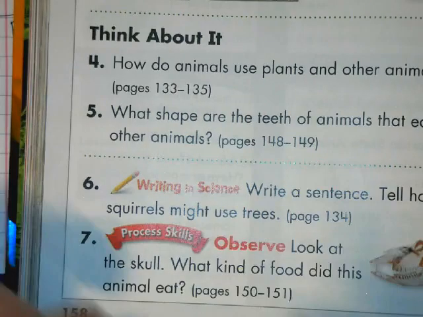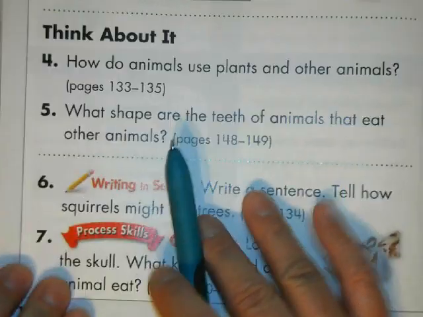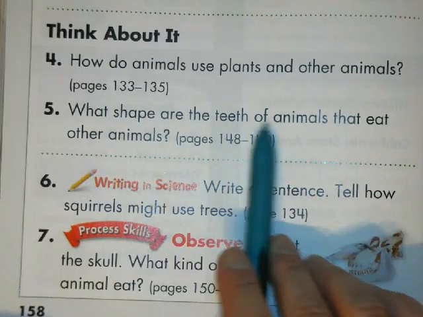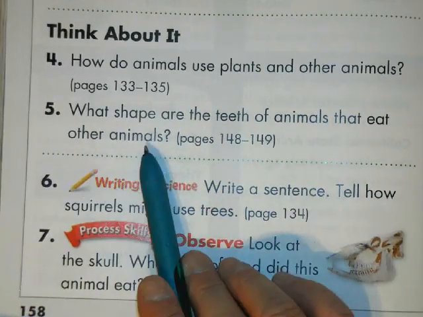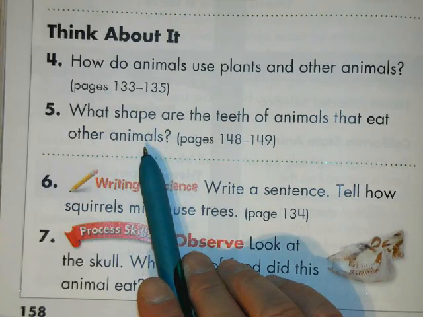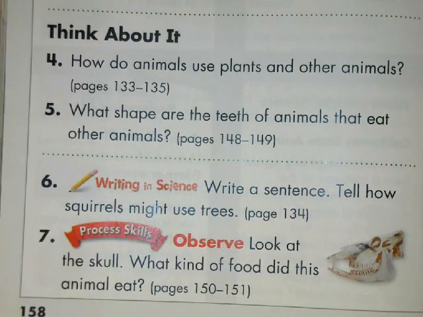Okay, number 5. What shape are the teeth of animals that eat other animals? So animals that eat other animals, remember those are carnivores. They eat meat and other animals. So what shape are their teeth?